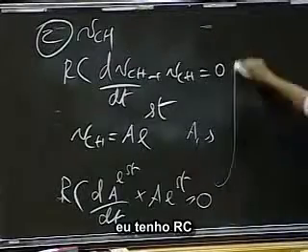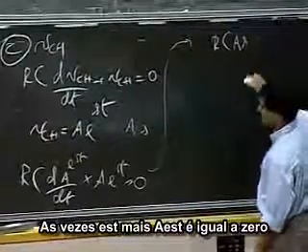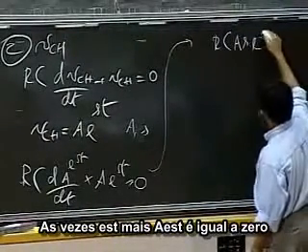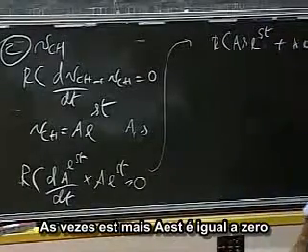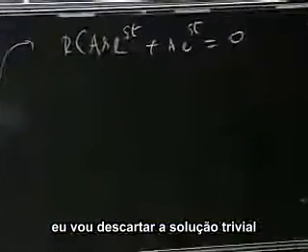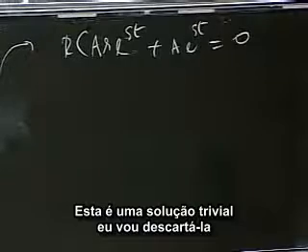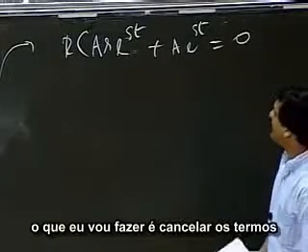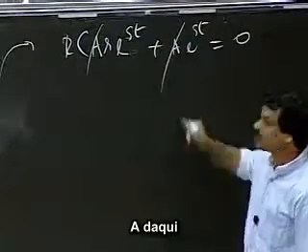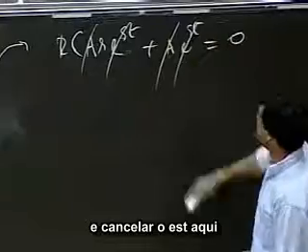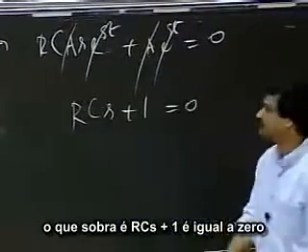I get RC A s e to the st plus A e to the st equals 0. I'm going to discard the trivial solution of A being 0, so I'll cancel out the A's, assuming A is not 0, and cancel out e to the st. What is left is RCS plus 1 equals 0.